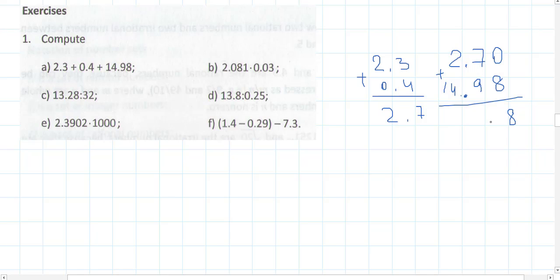So 7 plus 9 is 16, and 1 in mind. So 2 plus 4 is 6, and it will be 7.1. So the answer is this one.